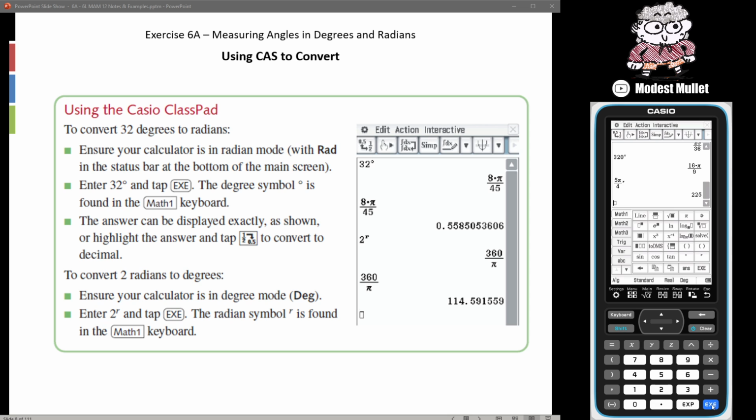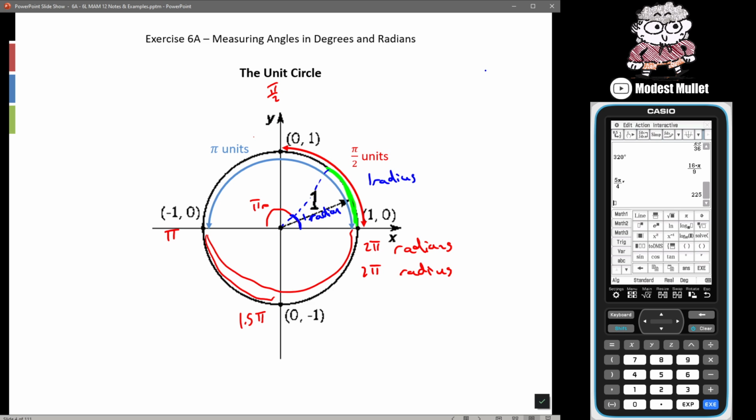I can't stress enough how helpful it will be to be able to think in these terms: 1 radian is the equivalent of arcing out 1 radius around the circle.